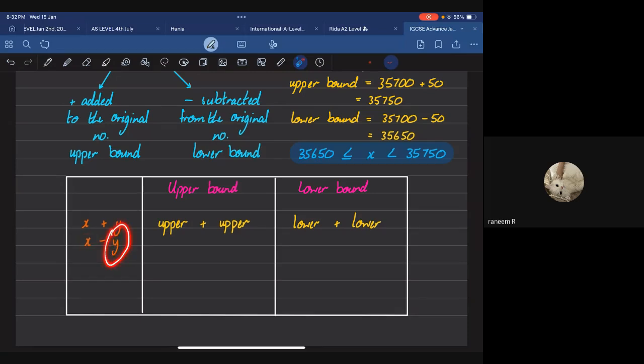So I need the least possible value of y and the most possible value of x in order to get the maximum possible value I can get without changing the numbers. So what I'm going to do, if two things are subtracting from one another, you do upper minus lower. And now, if you want the lower bound, you're simply going to do lower minus upper.